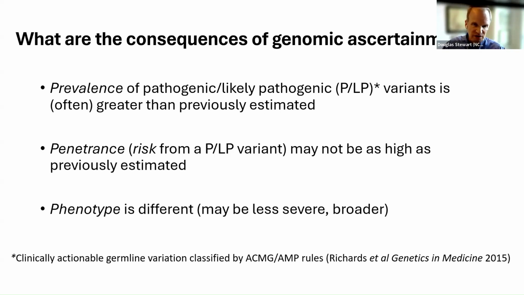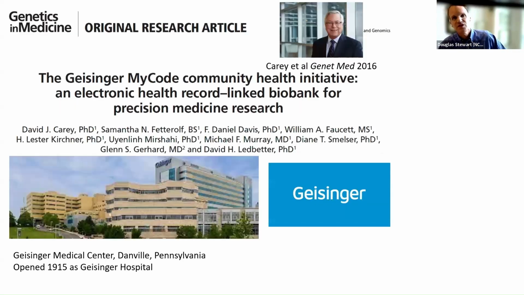It may be less severe, it may be broader, it may encompass things we really had no idea about before. Medicine keeps you humble. It's an exercise in humility every day. And one of the things I've learned is we often don't fully understand the phenotypic consequences of germline variation in a lot of the genes that we thought we knew pretty well.